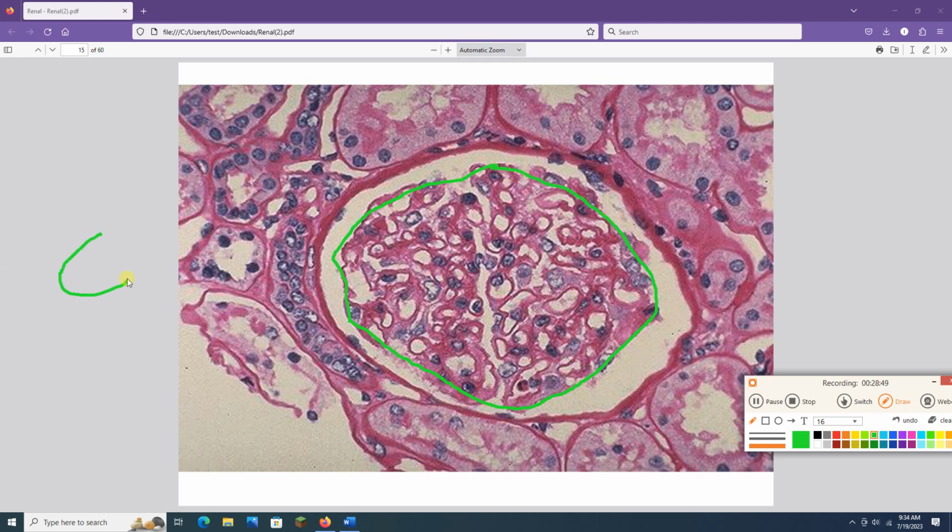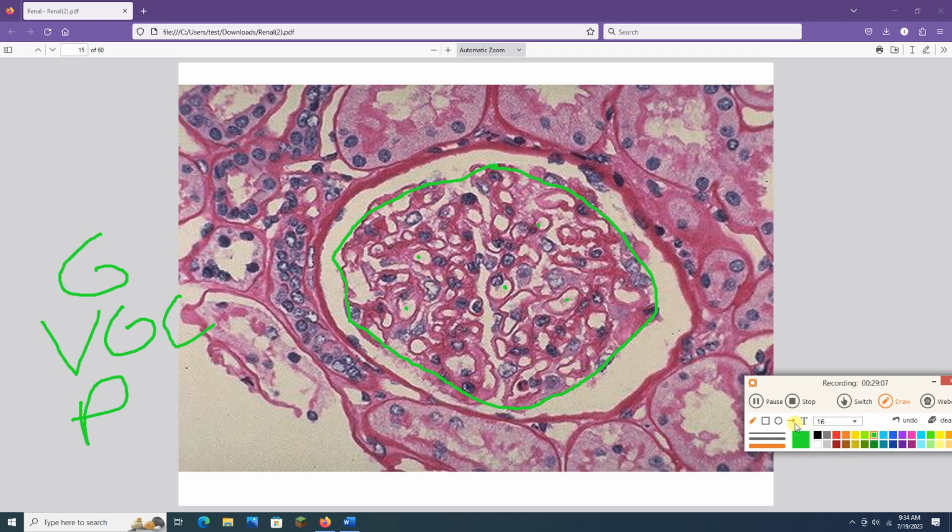There is the glomerulus. So there are capillaries in here, and we can kind of see the lumens of the capillaries. But then also I have my visceral glomerular capsule. In other words, I also have my podocytes.